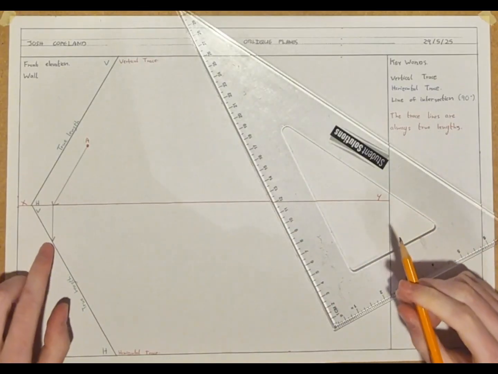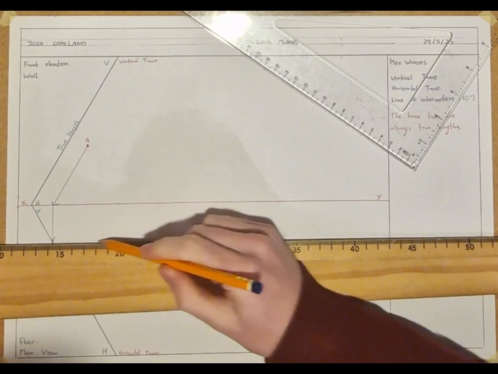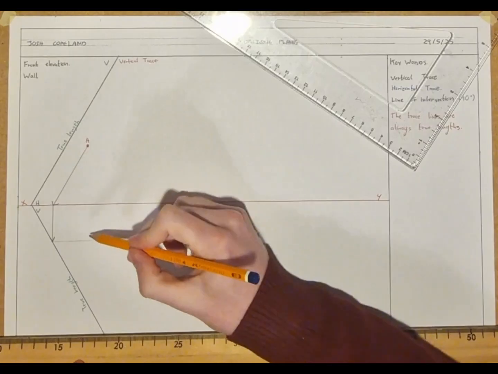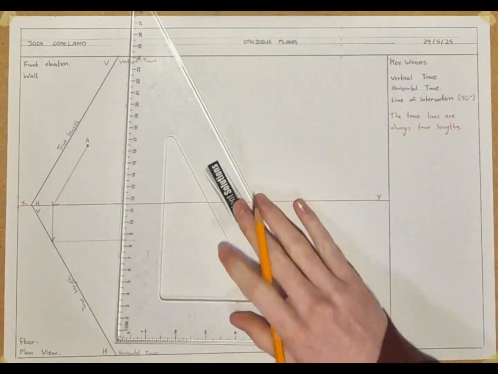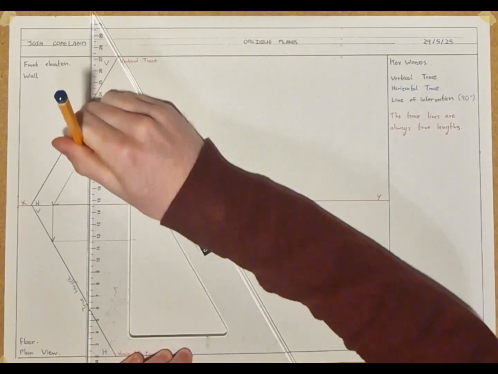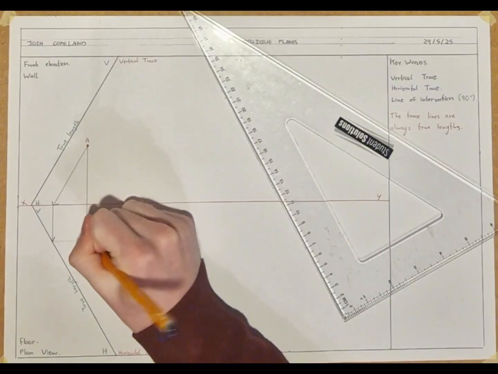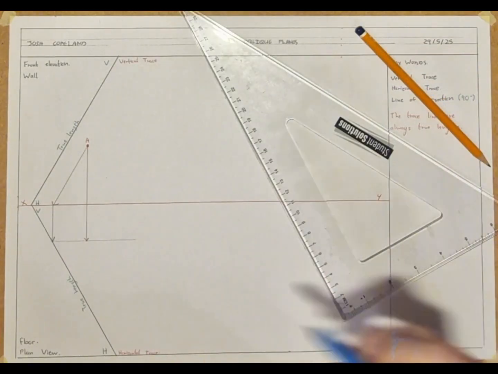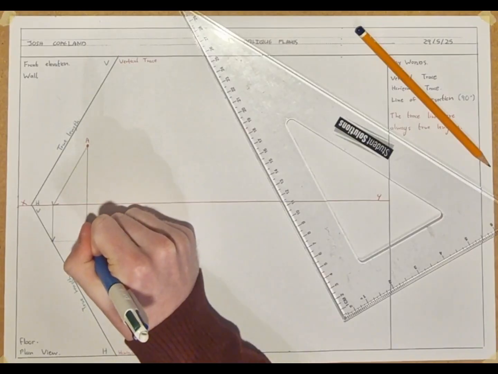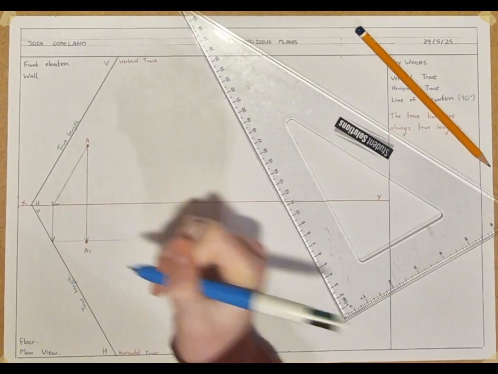And once you've brought it right down to the horizontal trace, we are going to bring it across. Bring it straight across. To get the point, all we're going to do is bring our set square up to point A and bring it straight down. And here is where we have identified point A in the horizontal trace. So let's call that A1.